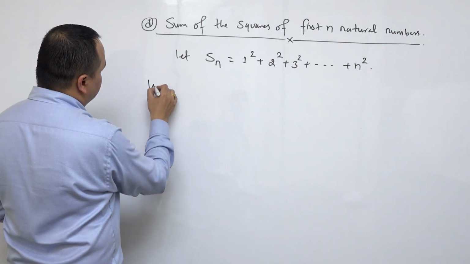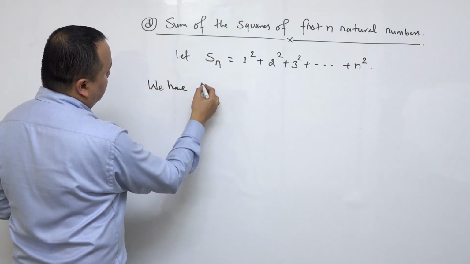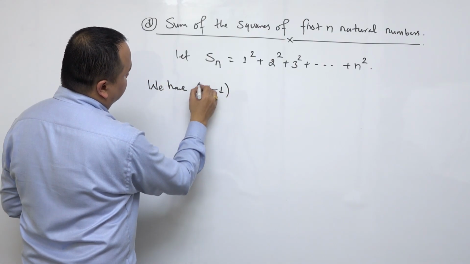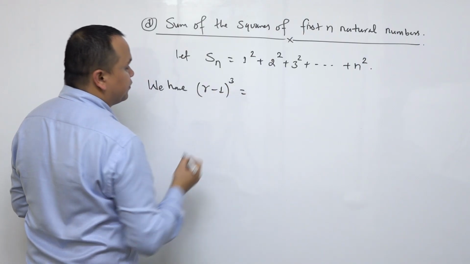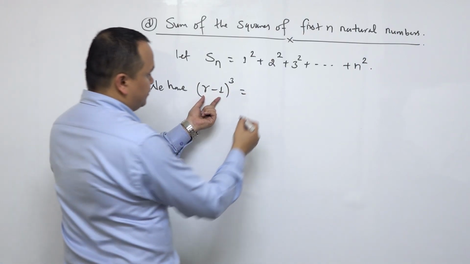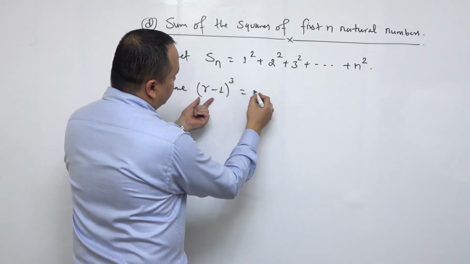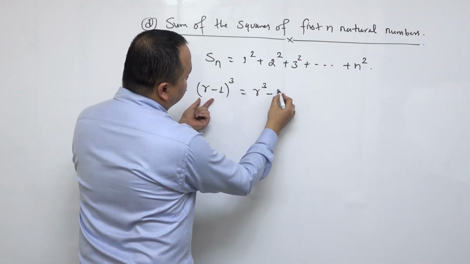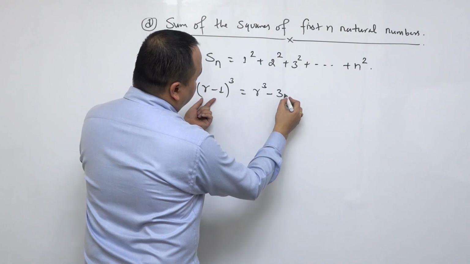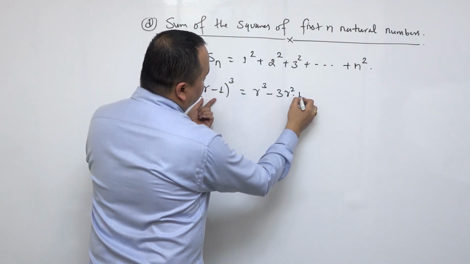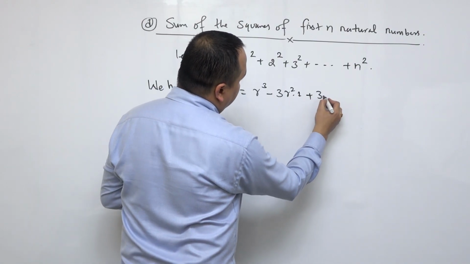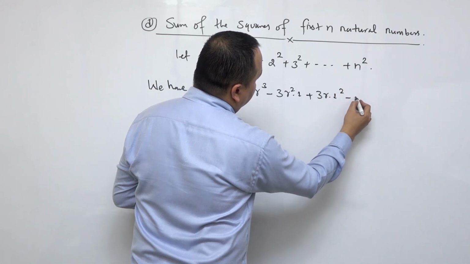So we have r minus 1 whole cube. The formula of a minus b whole cube: r cube minus 3 times r square into 1 plus 3 times r into 1 square minus 1 cube.